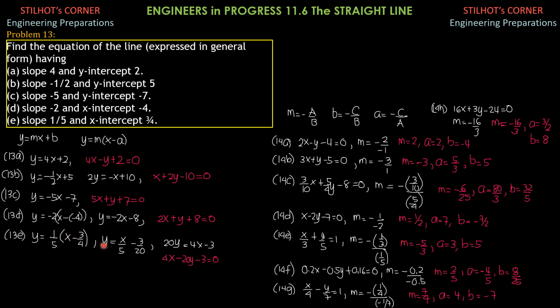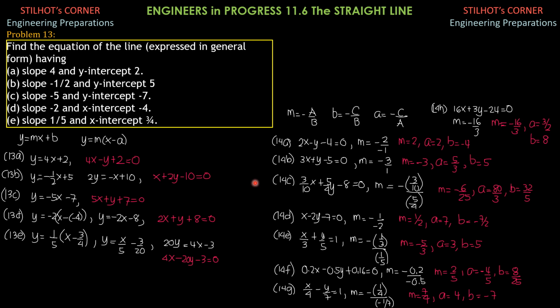Distribute 1/5, so y equals x over 5 minus 3 over 20. Multiply everything by 20, so 20y equals 4x minus 3. Expressing in general form, 4x minus 20y minus 3 equals 0.